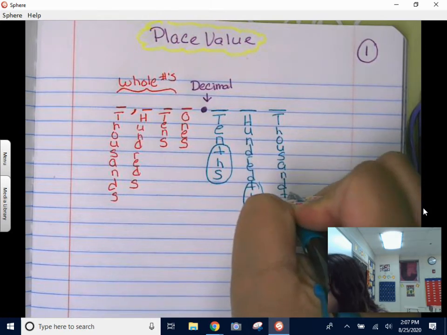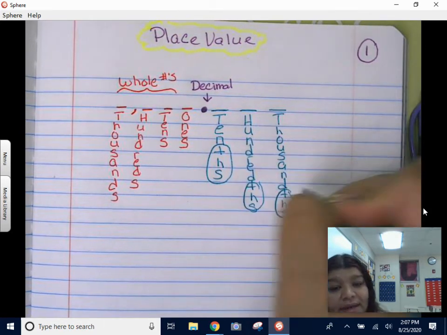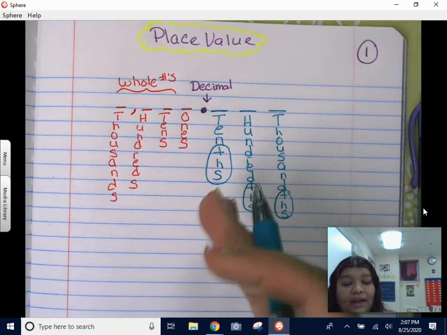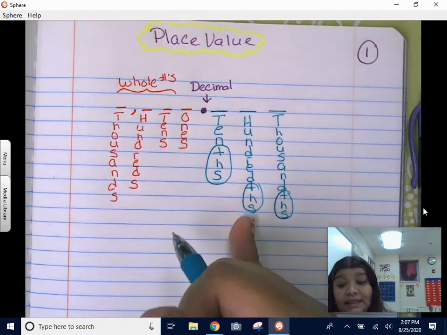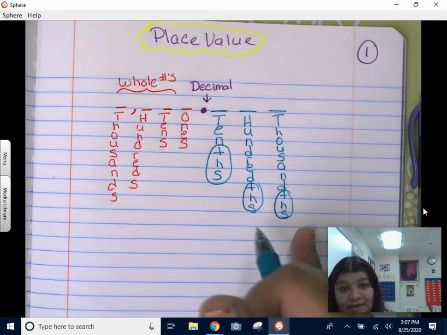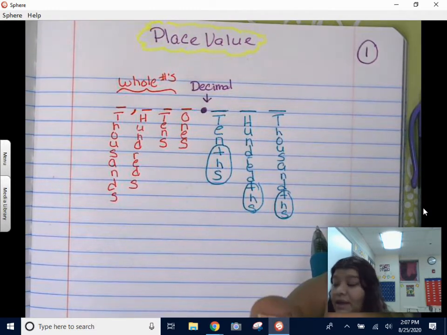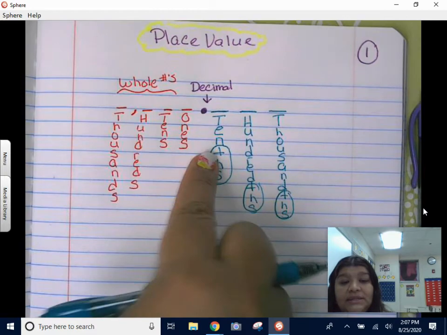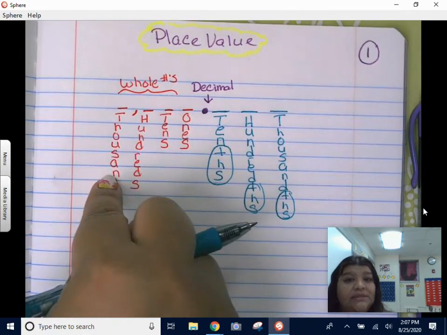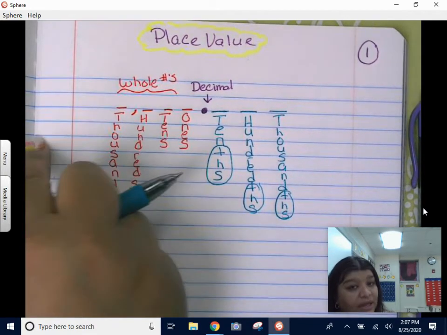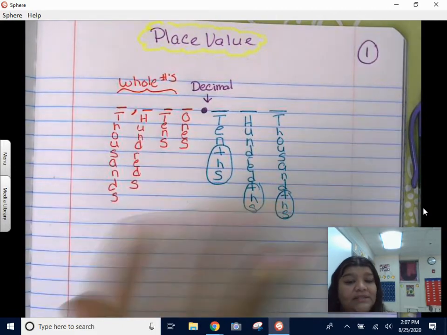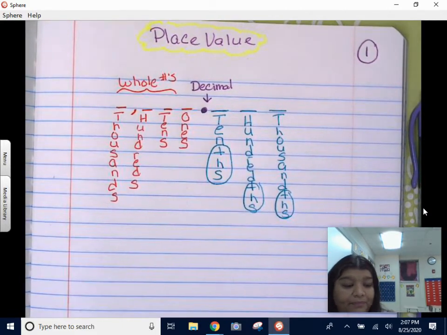And remember, it's the thousand, but you just add that THS. Now, if I keep on going, we have the tenths, hundredths, thousandths, ten-thousandths, hundred-thousandths, millionths. The same thing over here: ones, tens, hundreds, thousands, ten-thousands, hundred-thousands, millions. The main difference is the th sound.